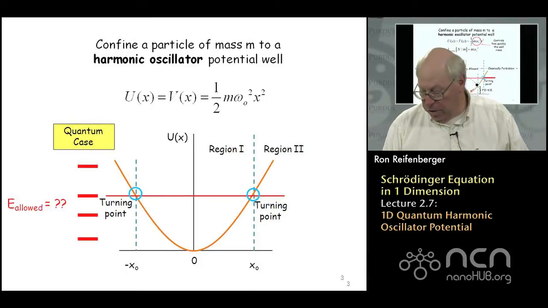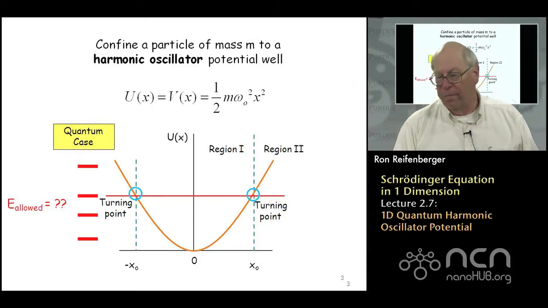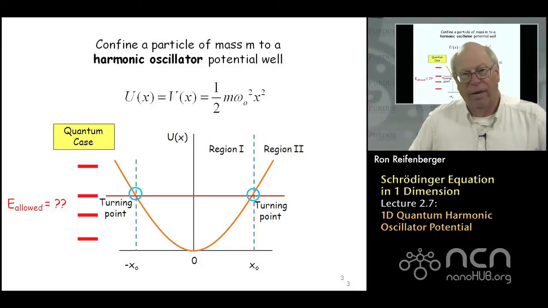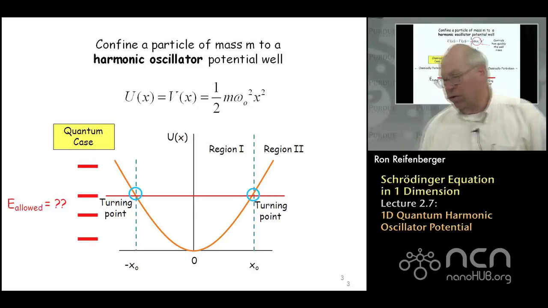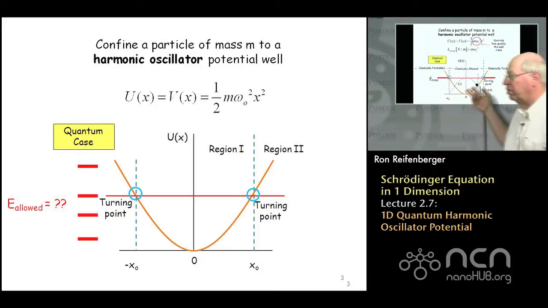Now, what we want to do is ask what happens if that particle is treated as a quantum mechanical particle, if it has the de Broglie wavelength associated with it. We want to ask in the quantum case, are there any restrictions on the energy of the particle? Classically, of course, there's no restrictions on energy, right?